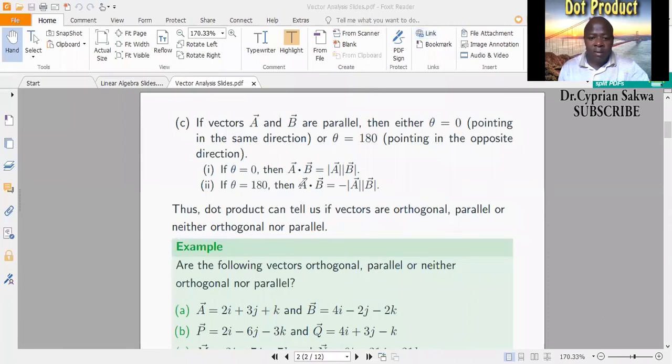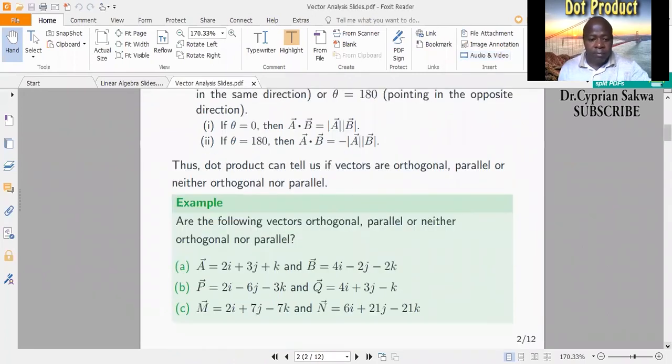Okay, let's look at this other example. We want to see if it's orthogonal or parallel or neither.